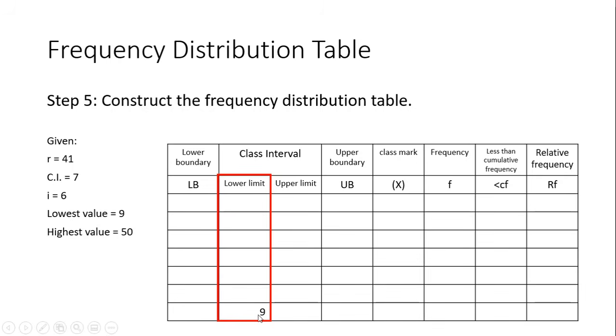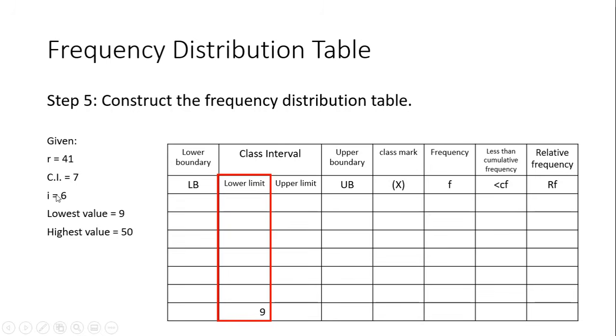And then for us to identify the succeeding numbers on your lower limit column, we will now use our computed class size. From the first data, for us to get the next data, we will simply add our class size.